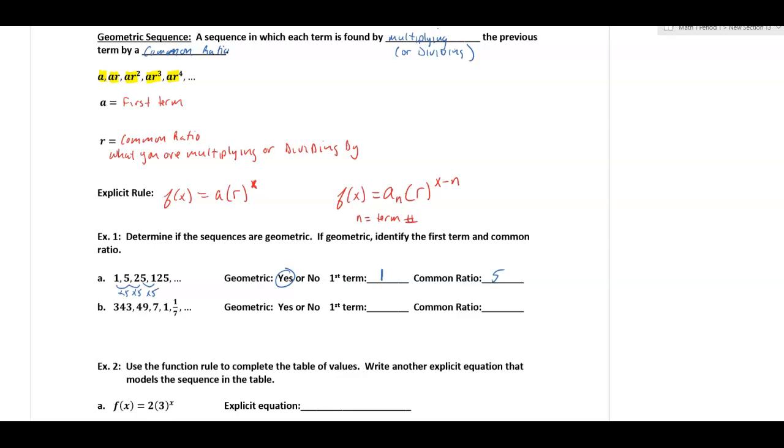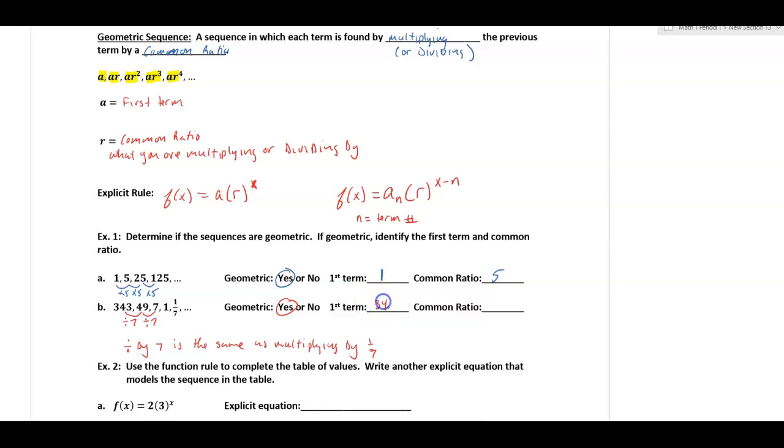Now the next one, if I notice here, I'm actually dividing by 7 each time. So it is geometric, but what you have to understand is dividing by 7 is the same as multiplying by 1/7.